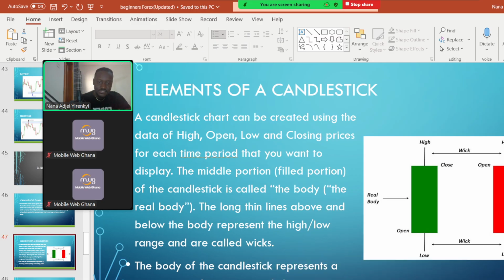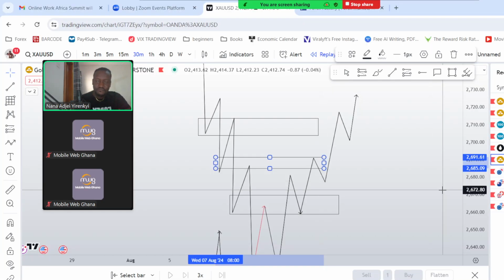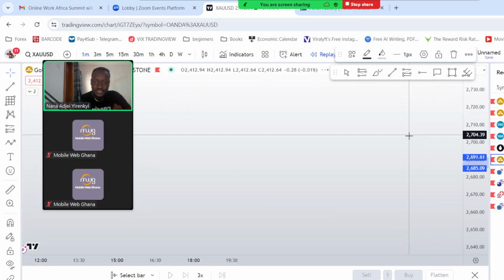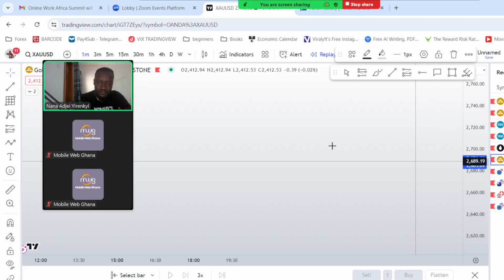As I showed you on the chart, especially on the 1 minute, at some point price was pushing to the upside, which means it was creating bullish momentum or bullish pressure. At some point price was dropping, which signified that a selling momentum was happening at that particular instance.